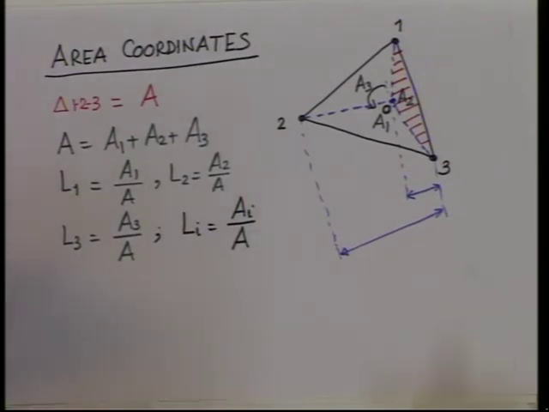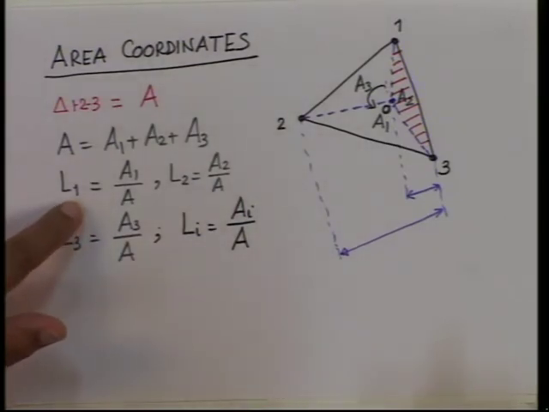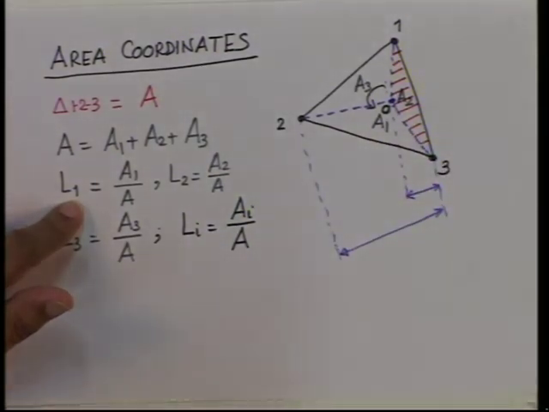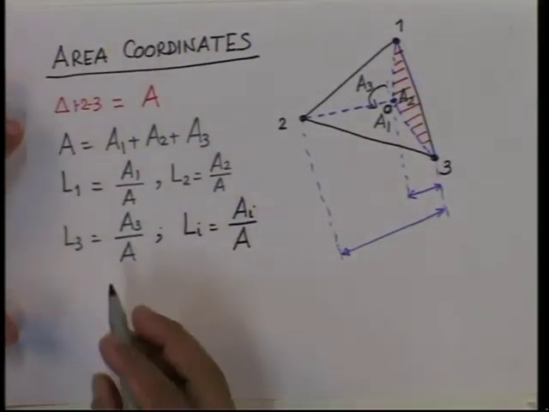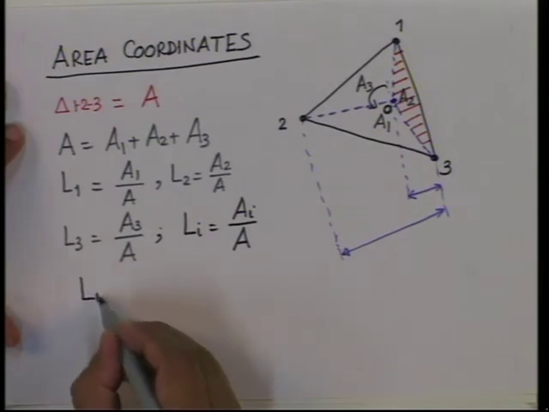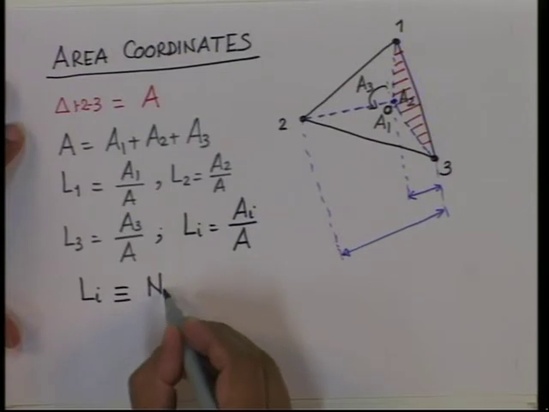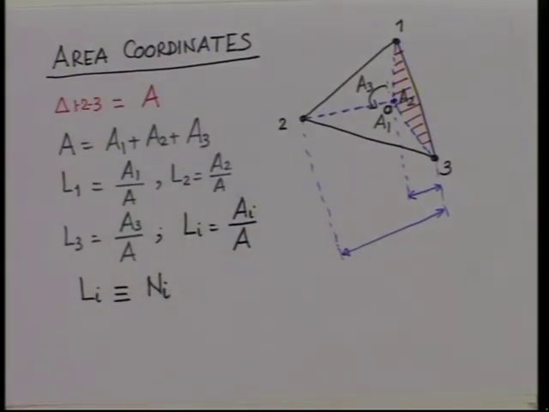The value of L1 is 1 when O coincides with node 1, and it is 0 when O coincides with nodes 2 and 3. So, I can say that Li is now similar to whatever we know about the Ni's. There is some relationship.